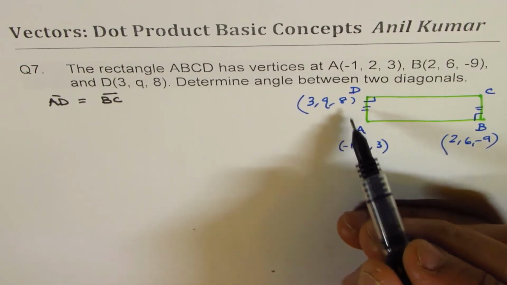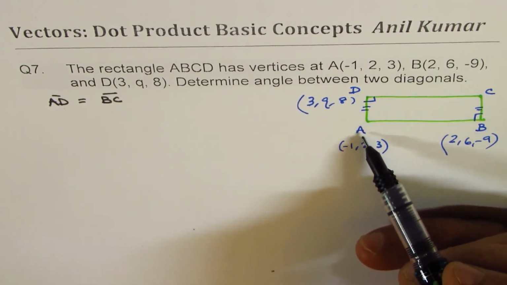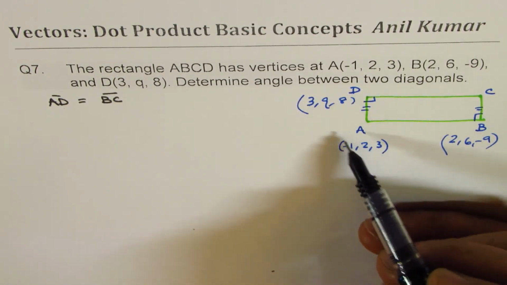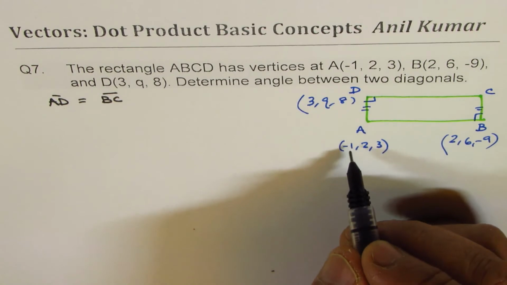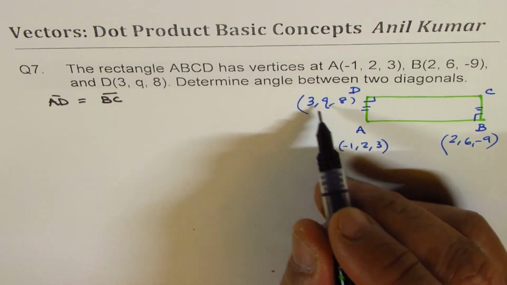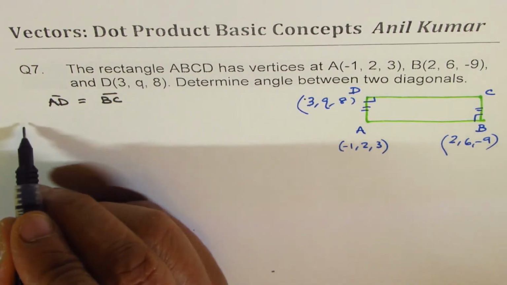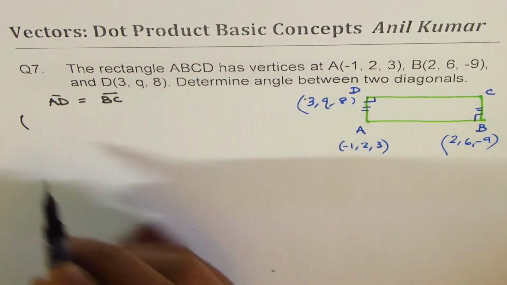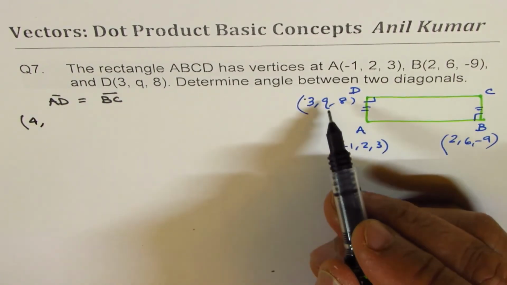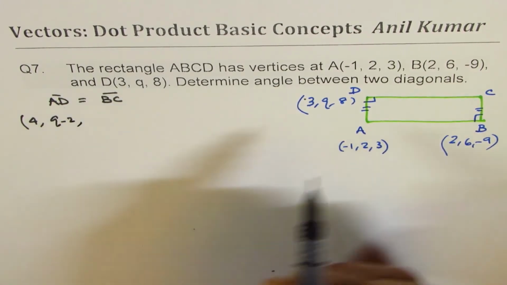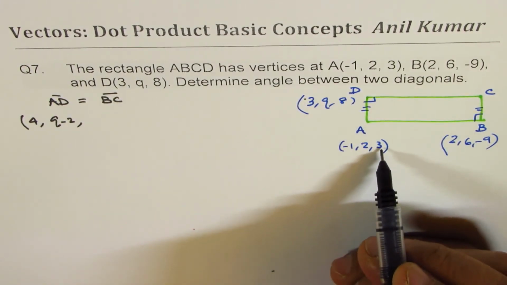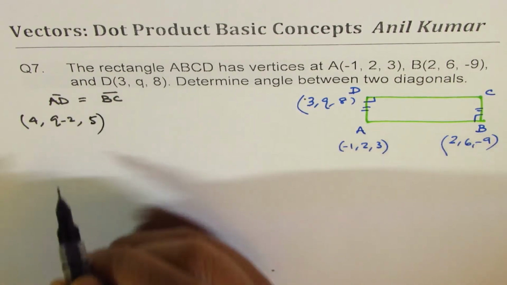Now if you see A to D, how do you get 3 from minus 1? You add 4, right? So A to D is this minus this, which is 4, q minus 2, and 8 minus 3, which is 5.